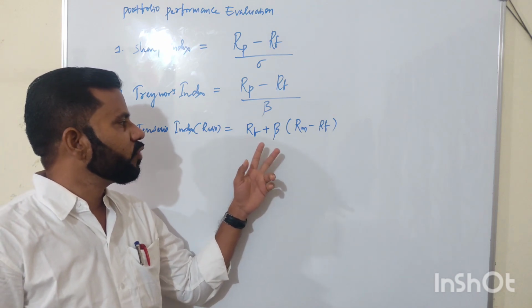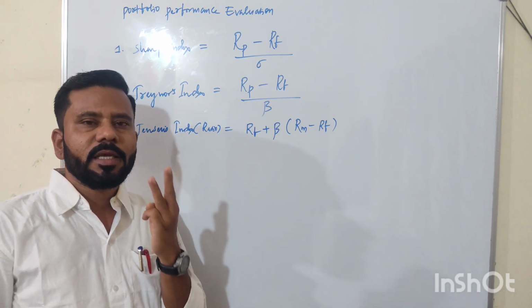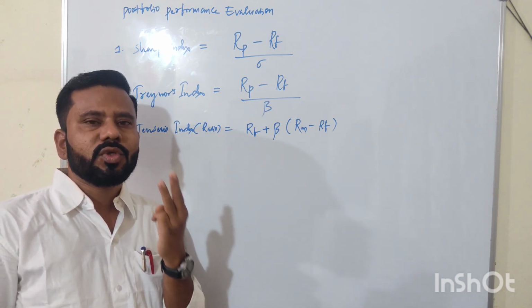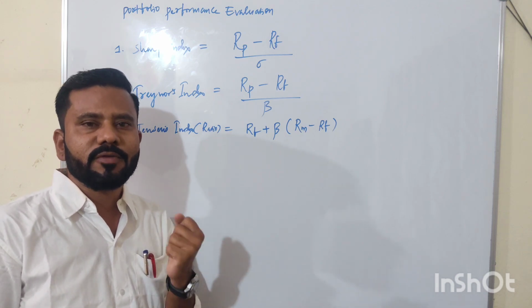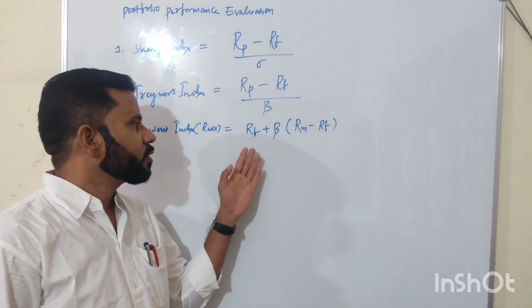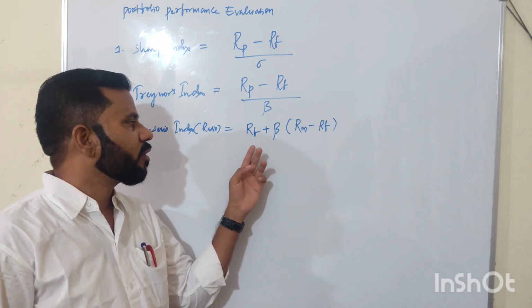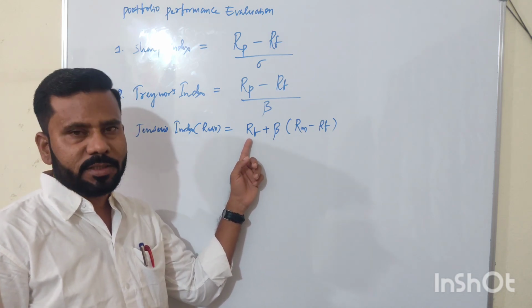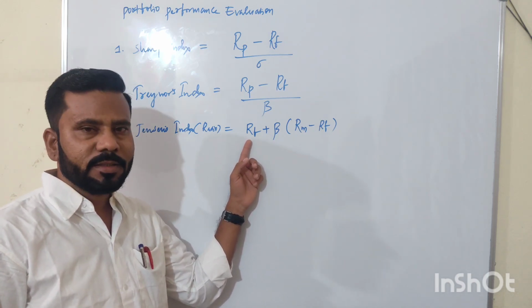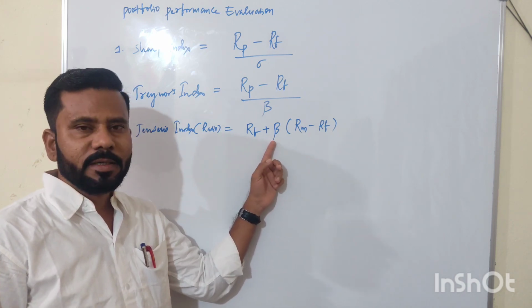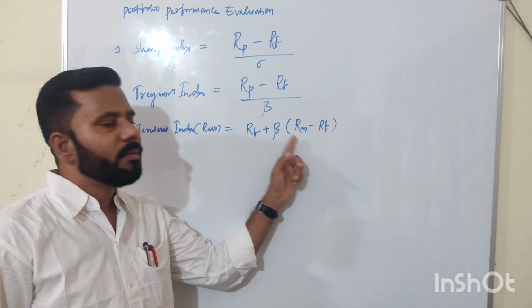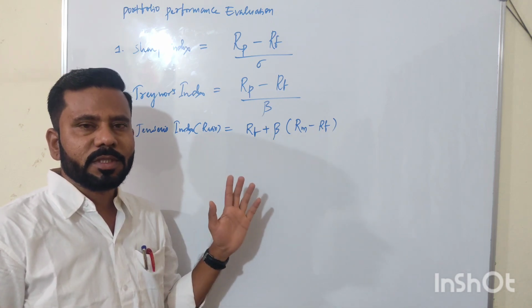So here also we need three informations, which we usually get from the problems. What are those three informations? Risk-free rate, given in the problem. Beta, given in the problem. Market return, given in the problem.